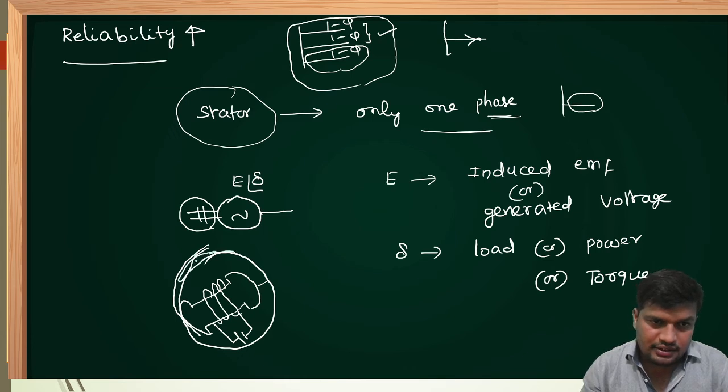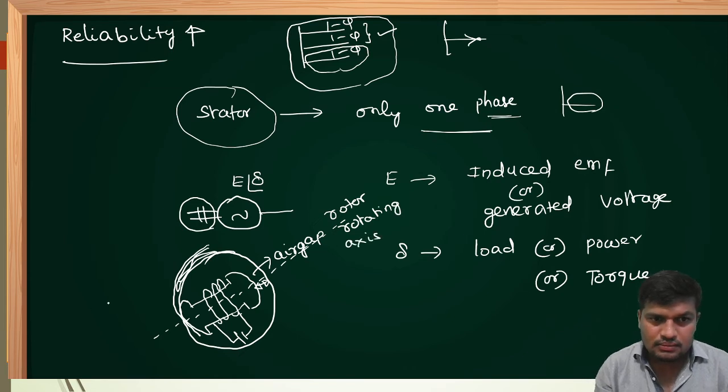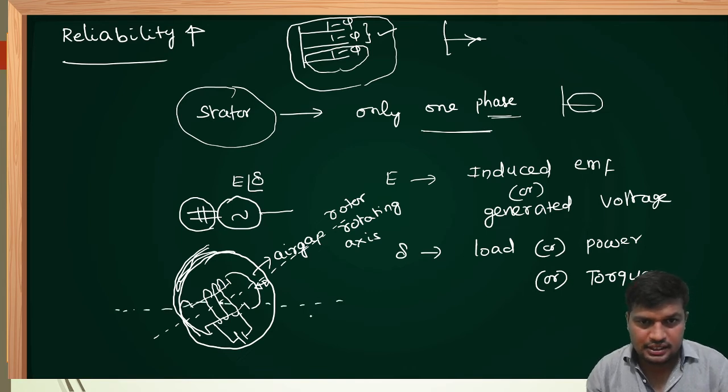This is stator winding of synchronous generator. This is rotor winding. There is air gap between these two windings. This dotted line is explaining about rotor rotating axis, and this dotted line is explaining reference rotating axis.